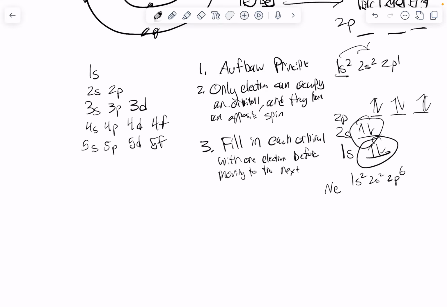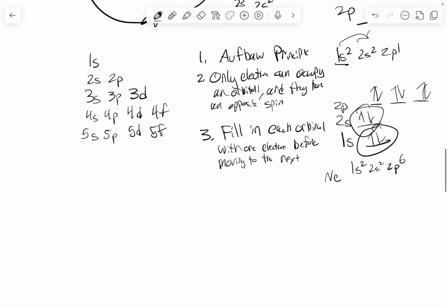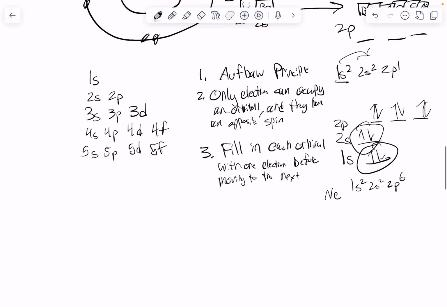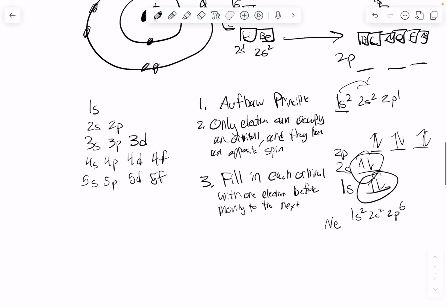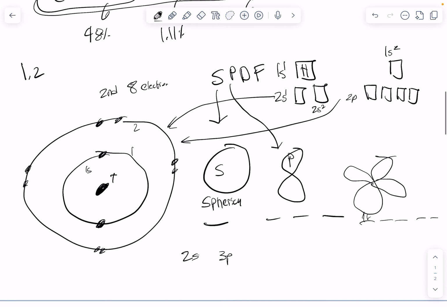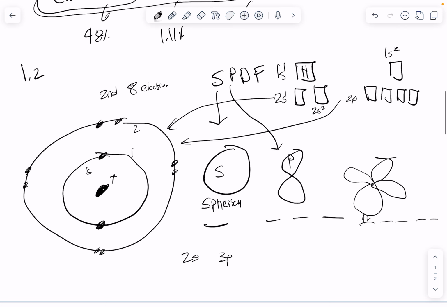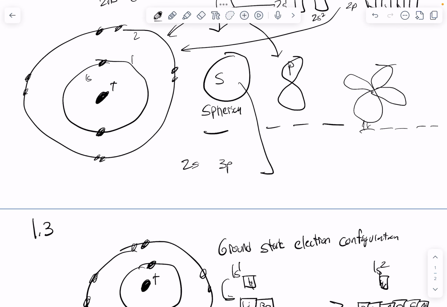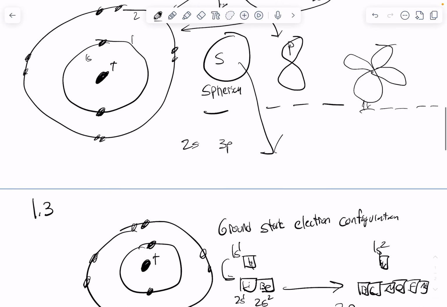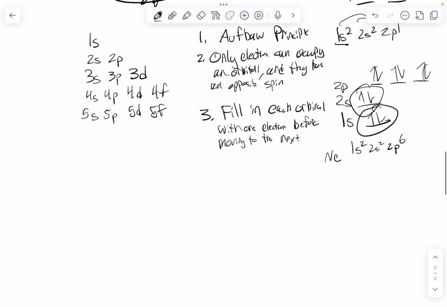Okay? So now let's relate this back to our spins, right? Because it's important to keep relating things back to each other because these are going to become important in a second. So remember how the 1s is spherical?